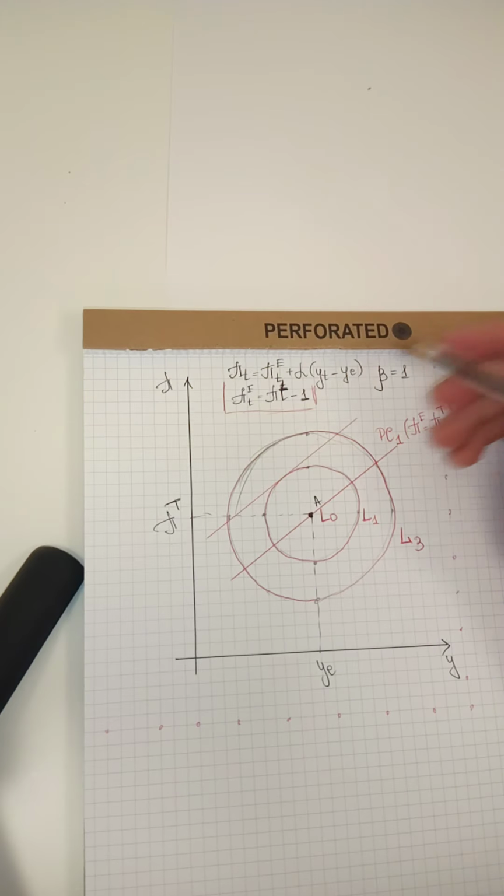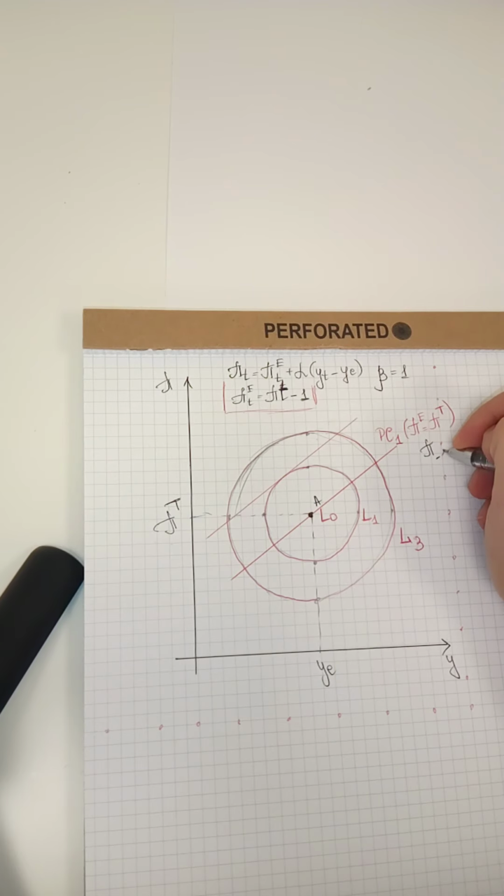So this automatically implies that in the period t minus 1, the rate of inflation also was equal to pi tau. So expected rate of inflation in the current period is equal to pi tau. So this automatically implies, under adaptive inflationary expectations, that in the previous period, inflation was also equal to pi tau.